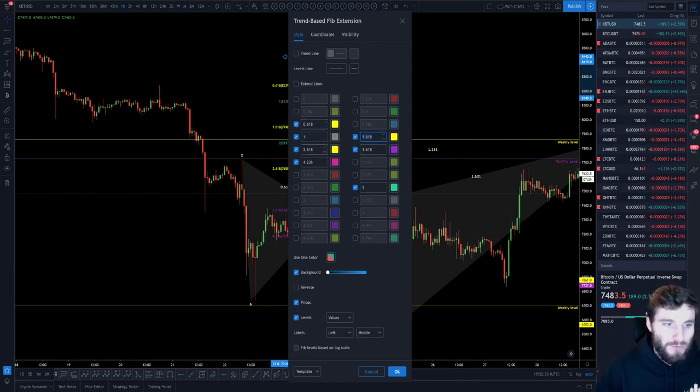And obviously the higher numbers like the 2 extension, the 2.618, 3.618, 4.618, etc., come into play once you've taken the 1.618. Then you can use these for extra levels to be targeting, essentially. But these are the main numbers that you'll be using.